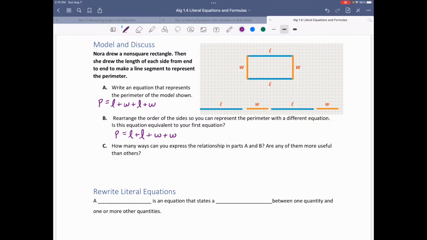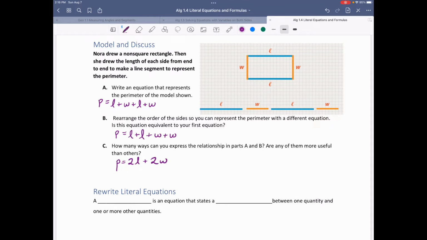For part C, how many ways can you express the relationship in parts A and B? Are any of them more useful than others? Well, we could also write it as P equals 2L plus 2W, and that's a little bit easier to write.